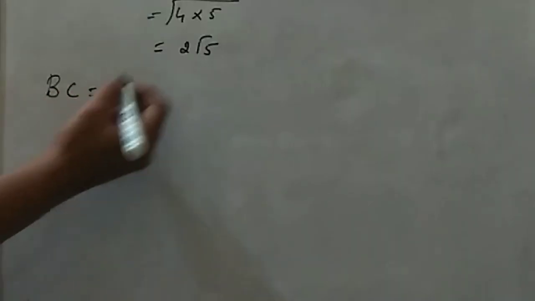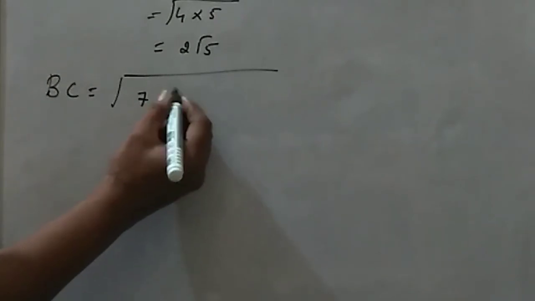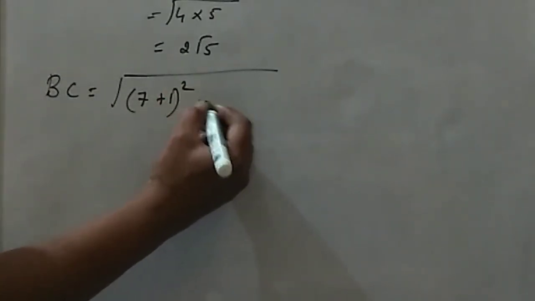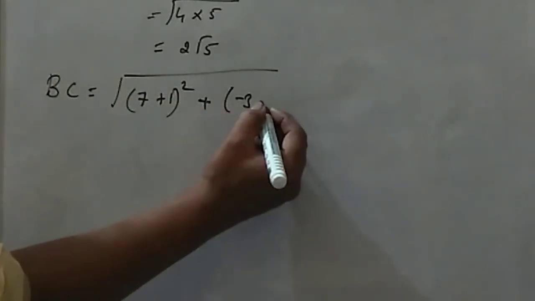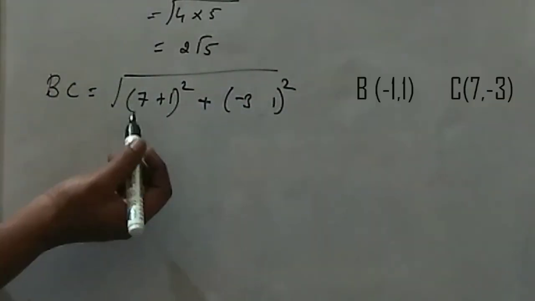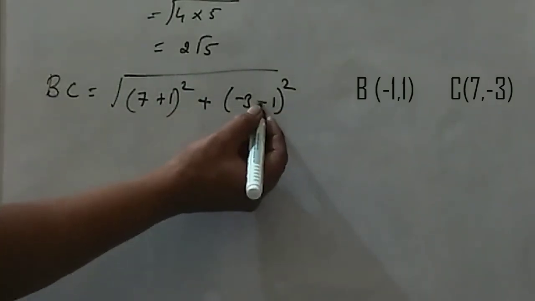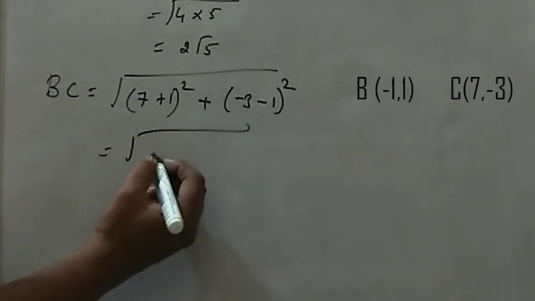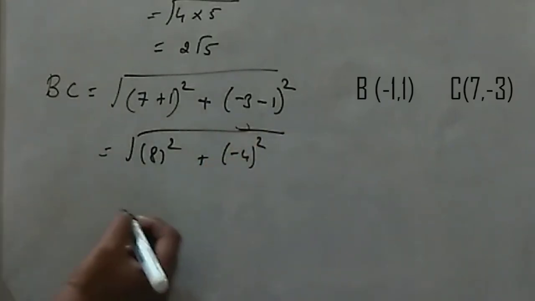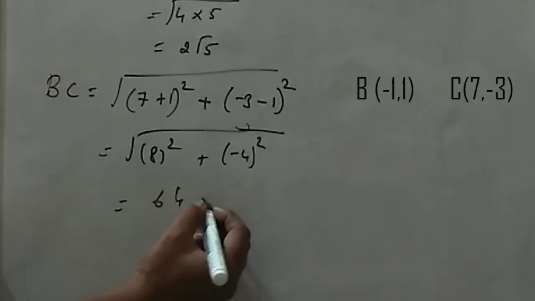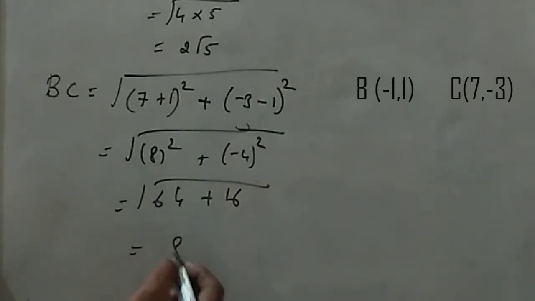Next, BC is equal to under root (7 + 1) whole square plus (-3 - 1) whole square. So 8 square plus (-4) whole square. So you will get 64 plus 16, that is 80.